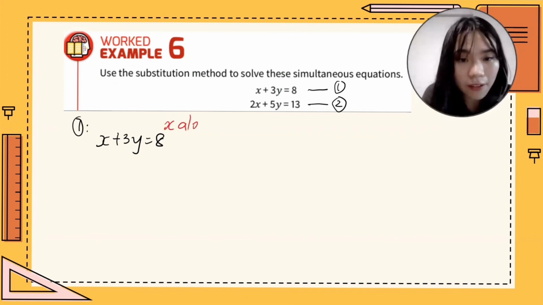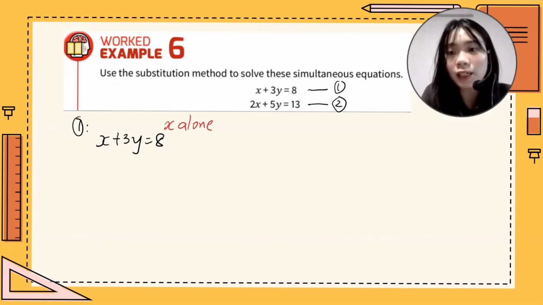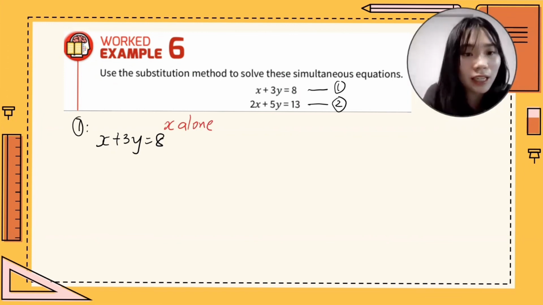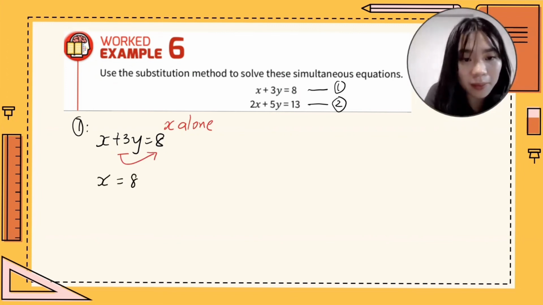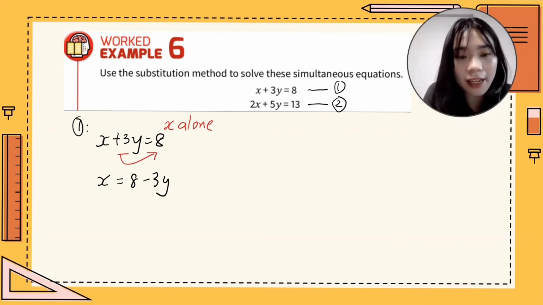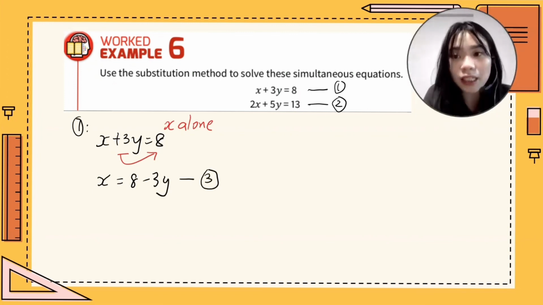If x is alone, only then can I use my substitution. So I will shift the 3y over, because that is how x will become alone. I can label this as my third equation.